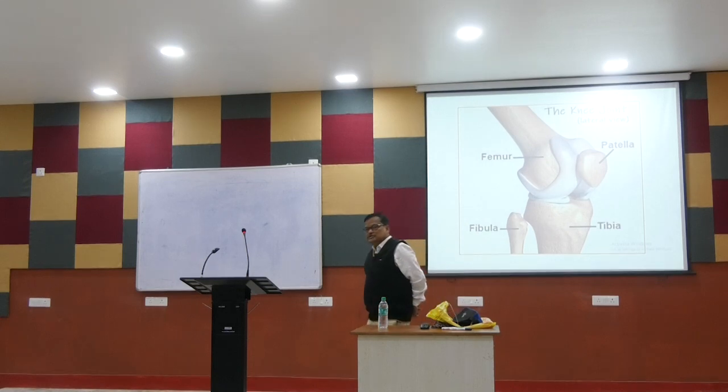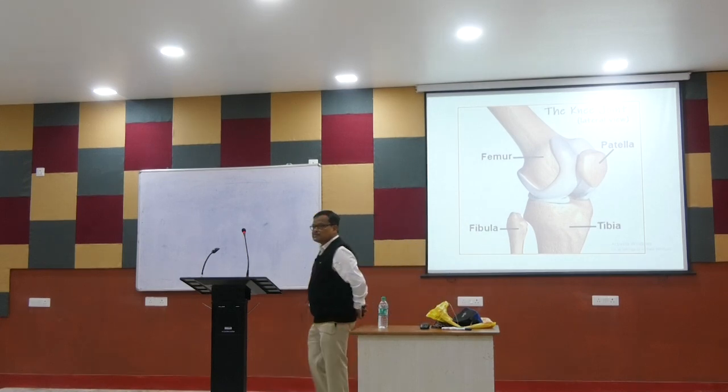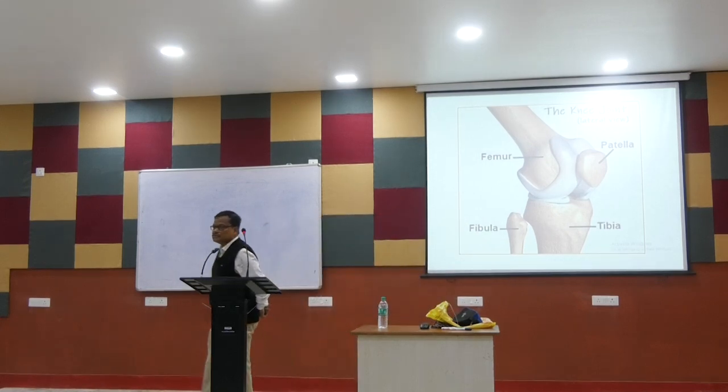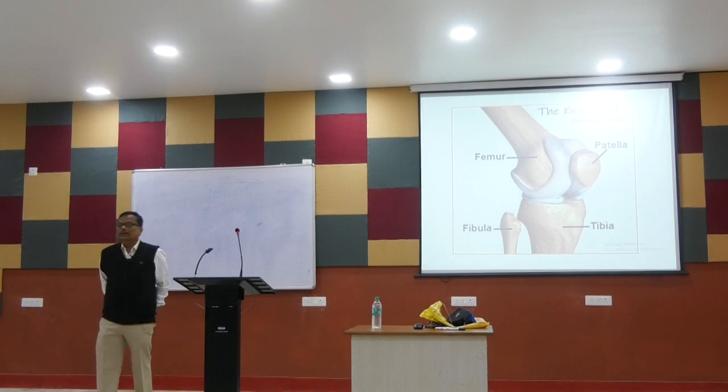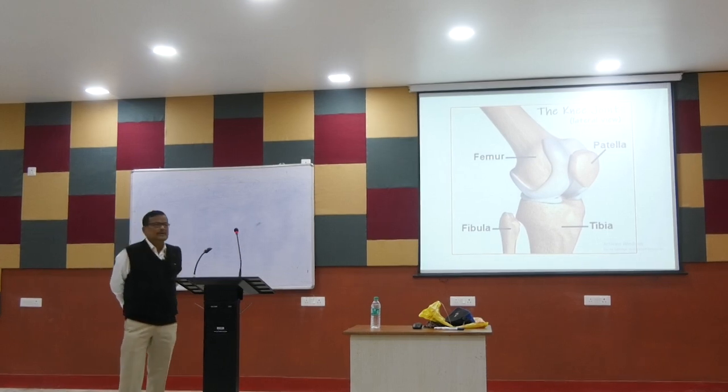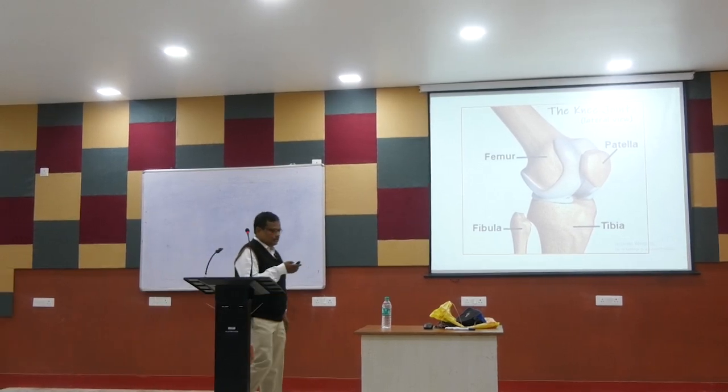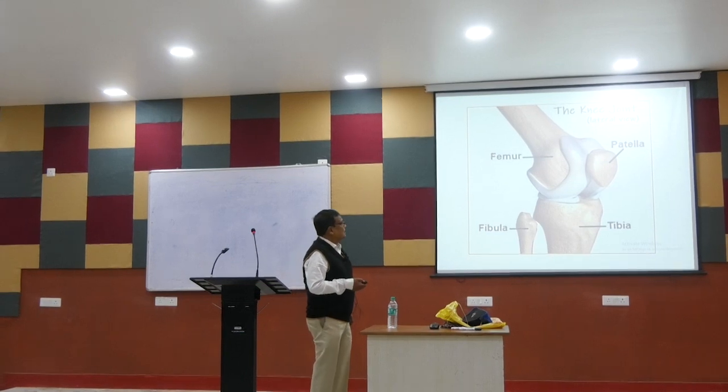Patella is a sesamoid bone. Very often asked, what is the characteristic of a sesamoid bone? Hope you all know. Sesamoid bone develops within a tendon. It has no periosteum. These are features I am not going into in detail because of only 1 hour timing.